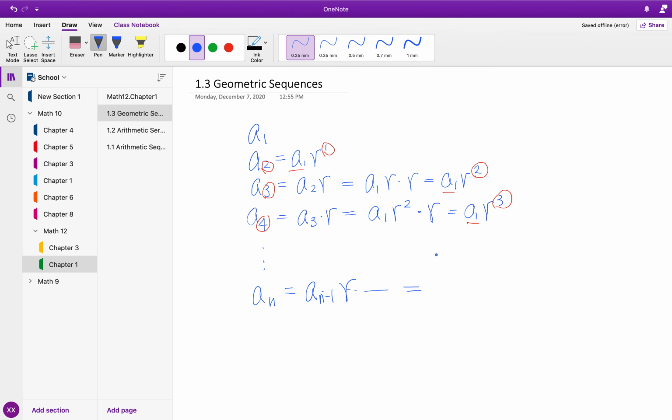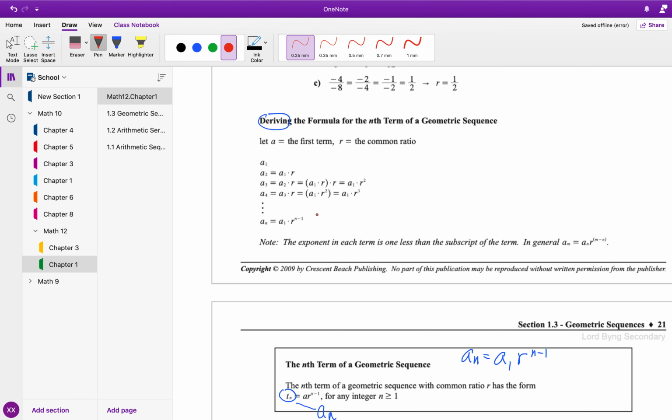If this is n, then this is n minus 1, tracing back to the A1 times R. So our formula is An equals A1 times the common ratio R to the power of n minus 1. Using this, we can now calculate different things. Now let's go back and take a look at our workbook.